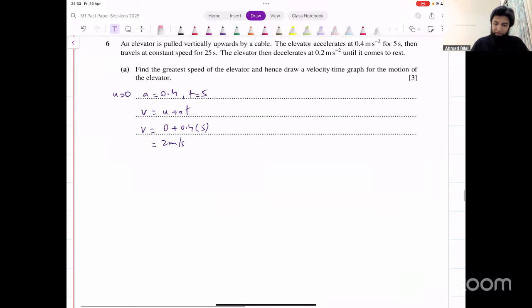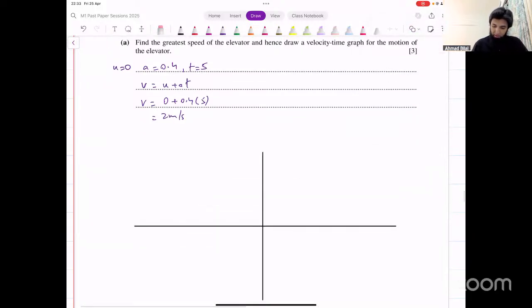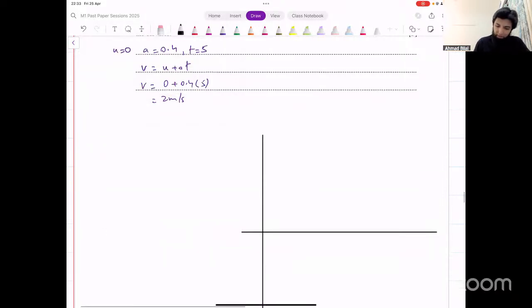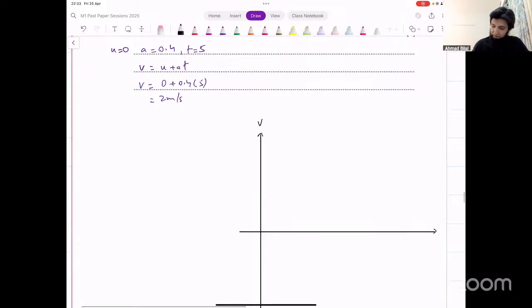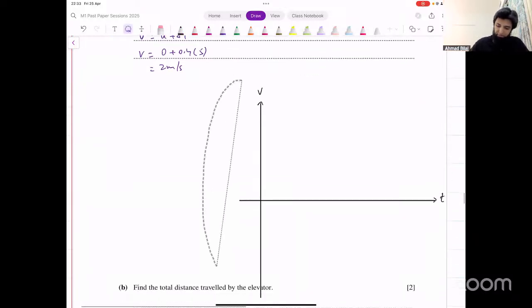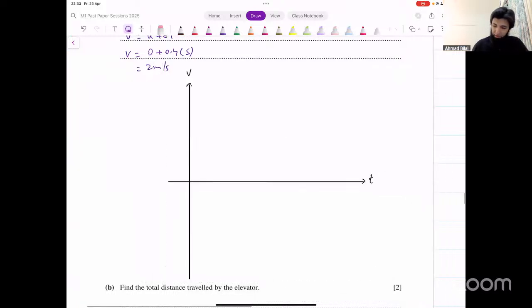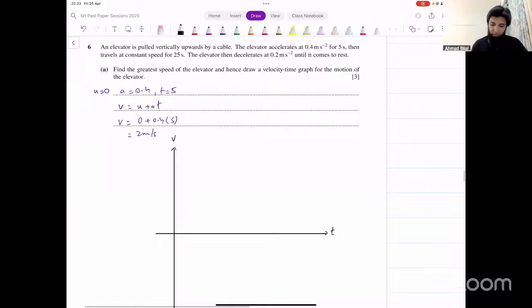It's going to be straight lines because we've got constant acceleration. And let's draw x and y axes like this here. This is velocity. This is time on the horizontal axis. Okay. Now, what are the important points?